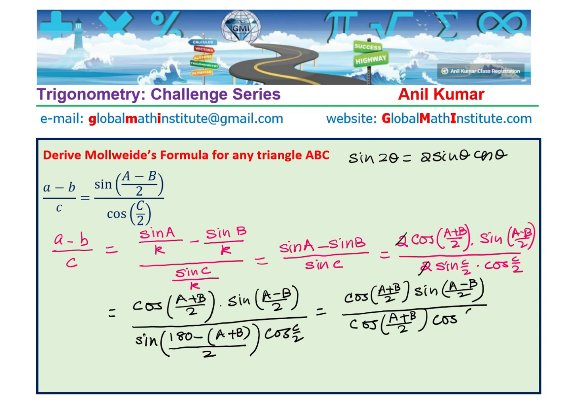And cos of C by 2. So clearly, cos (A plus B) by 2 cancels. And what are we left with? We are left with what we wanted, which is sine of (A minus B) by 2 over cos of C by 2. Perfect. So that is how we derive this formula.